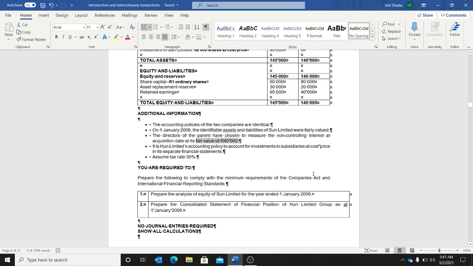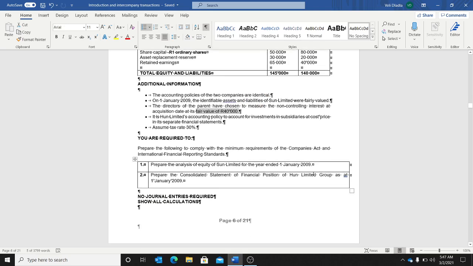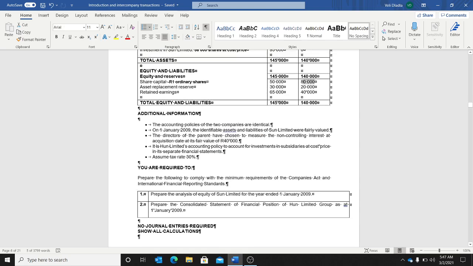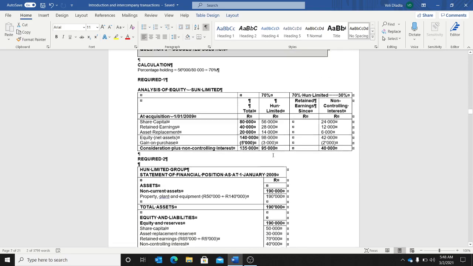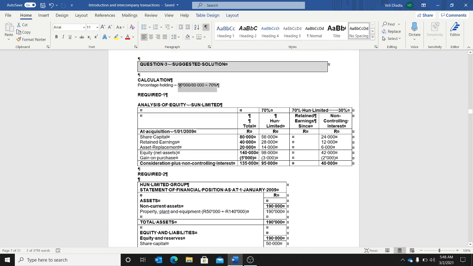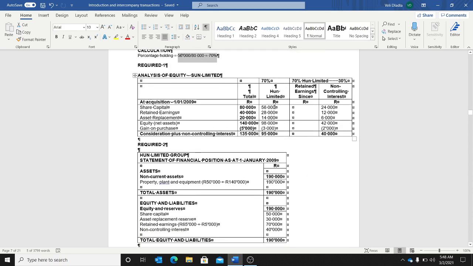Let's go to at acquisition and apportion that. So this is what you bought: 80, 20, 40. You'll see they're showing us the percentage here. Now you apportion again: 70% here, 30% here, 70% here, 30% here, 70% here, 30% here.